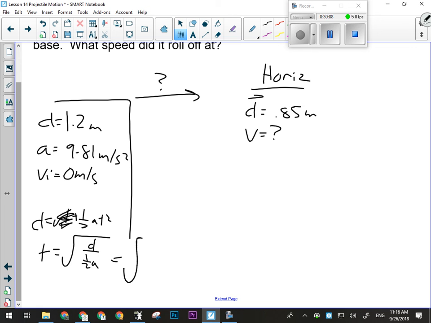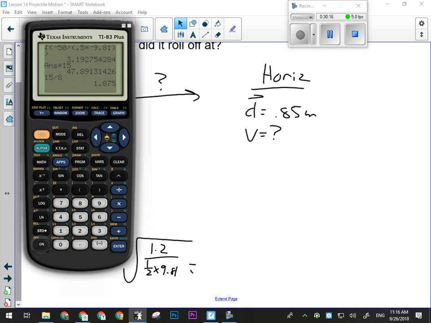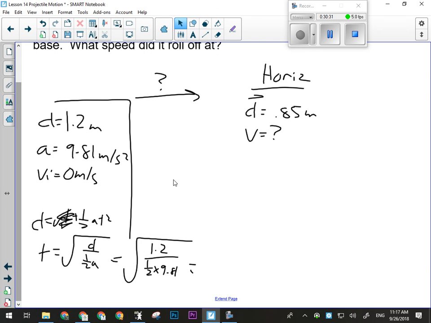So we'll have the square root of 1.2 divided by 1/2 times 9.81. All right, so we're looking at 0.49 seconds as our time there. So it's fallen for about half a second.